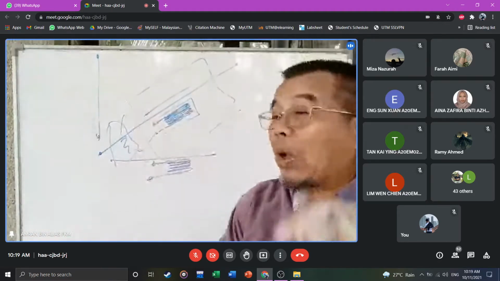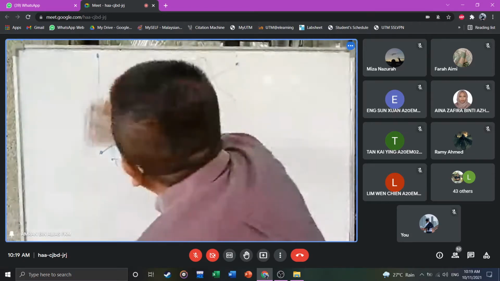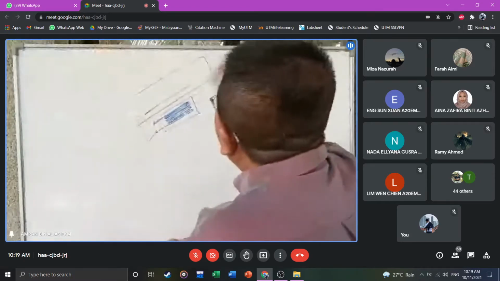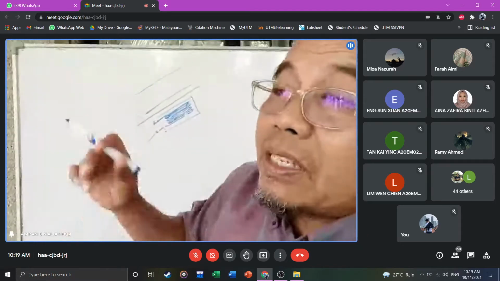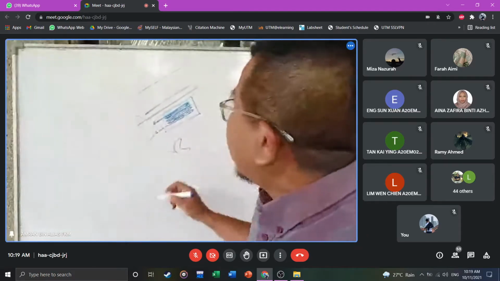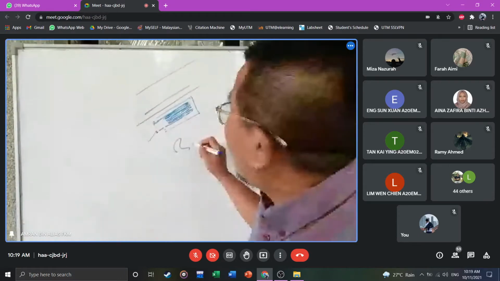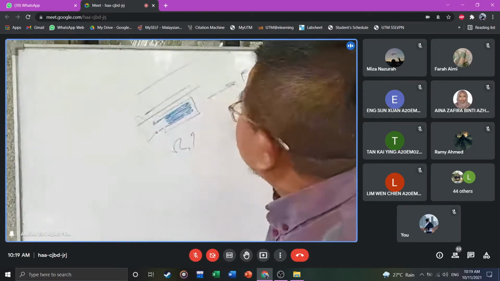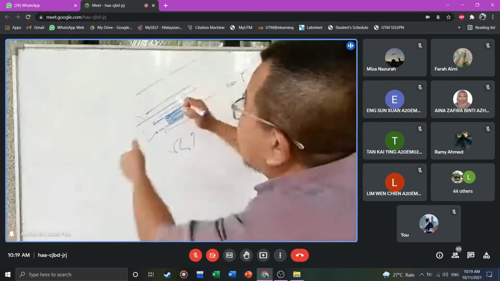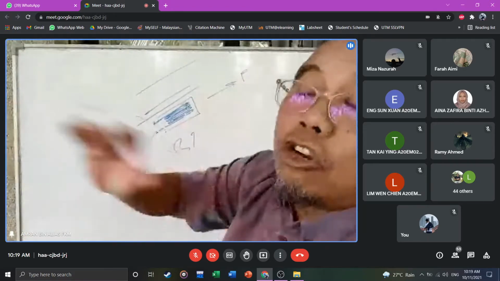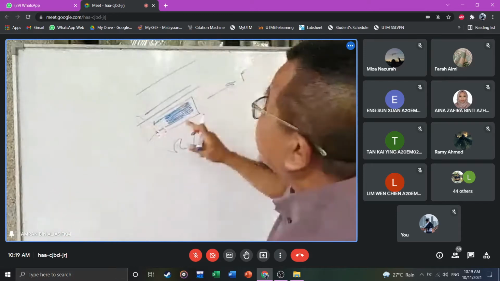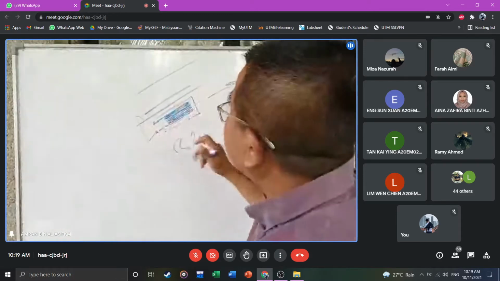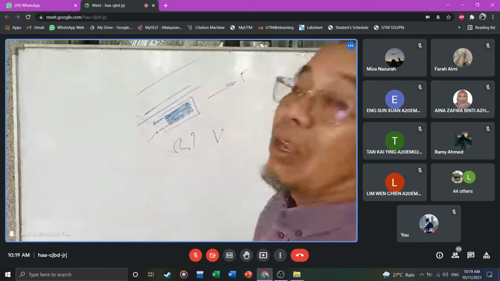So when you calibrate back the ohm, the resistance increases when this load is increased. The elongation increases, and when the elongation increases, the resistance increases. When the resistance increases, the voltage also changes.